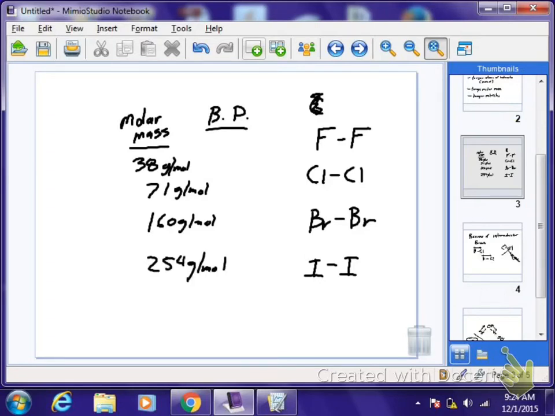Does everybody know how to come up with those numbers? Just multiply. All right, now let's look at the boiling points. We're going to write down the boiling points. If you turn to page 204, we can get most of these boiling points off of page 204.